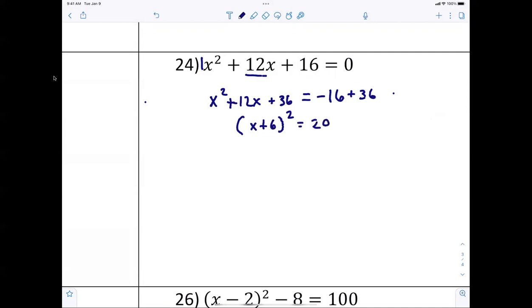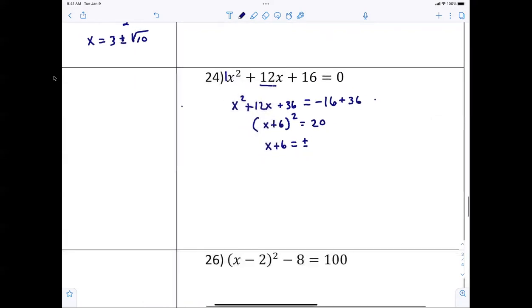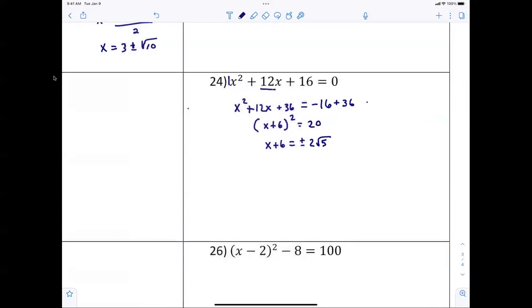And now square root: x plus 6 equals, right, plus or minus 2 radical 5. And so x is equal to negative 6 plus or minus 2 radical 5. All right, anybody have any questions with that? Any issues?